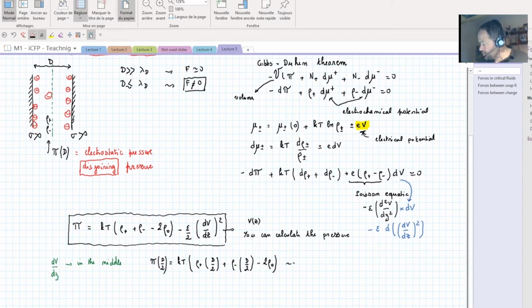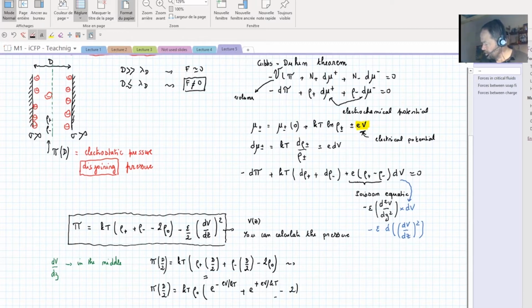And now what is difficult is that we have to make some assumption about the value of rho plus and rho minus, and we can use what we have done before, and we can say that the pressure will be kT rho 0 times exponential of minus eV divided by kT plus exponential of plus eV divided by kT minus 2.